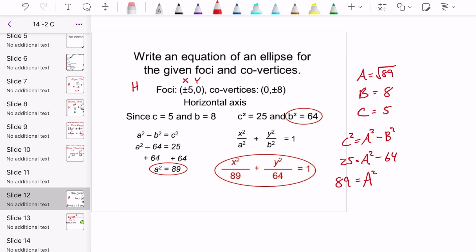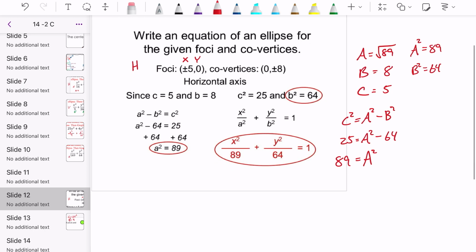So we're going to create our equation from this point. We know that if A is the square root of 89, then A squared is equal to 89, and B squared is equal to 64. And that's how we set up our equation.